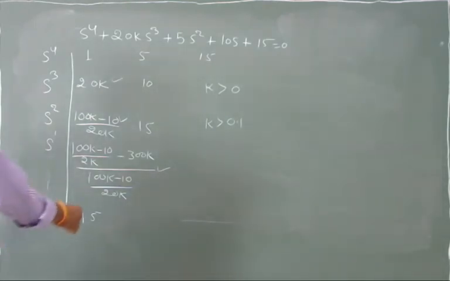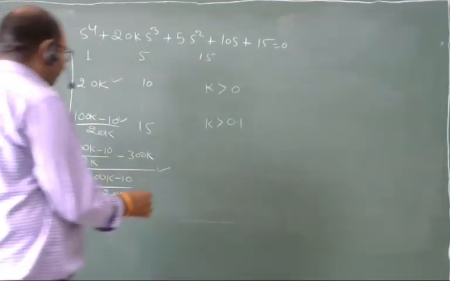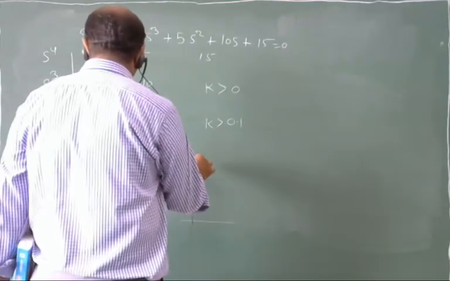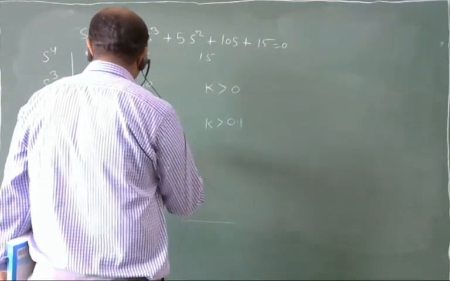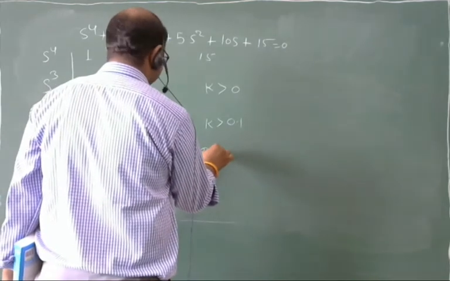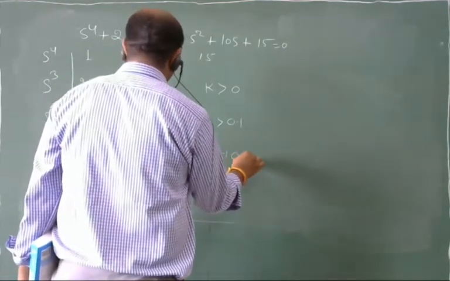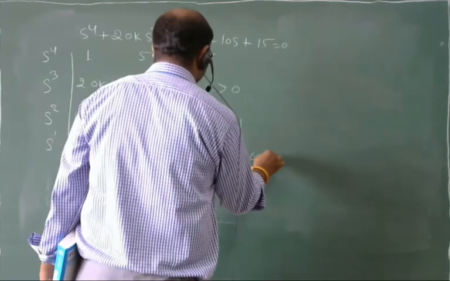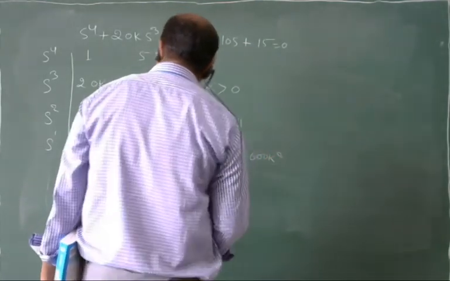and from here the equation is 100k minus 10 minus 600k square.